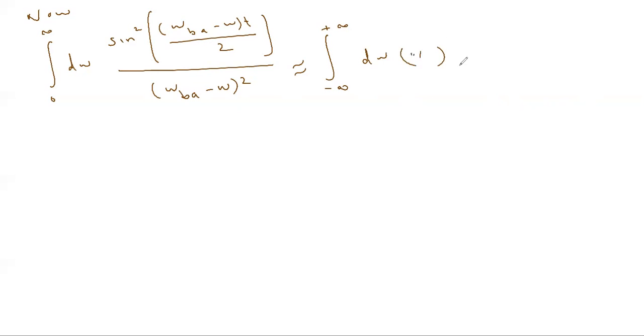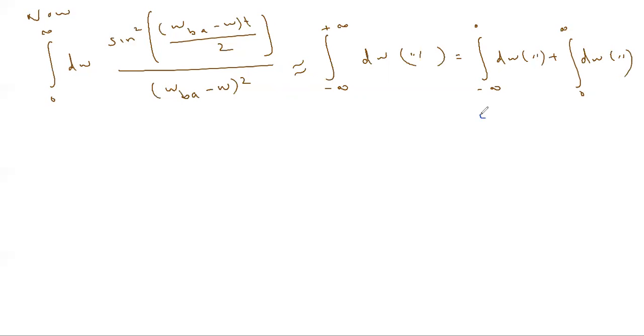So now this term can also be separated into two integrals. So minus infinity to 0 d omega something plus 0 to infinity d omega and this something.